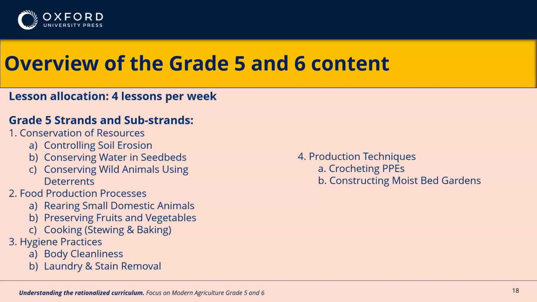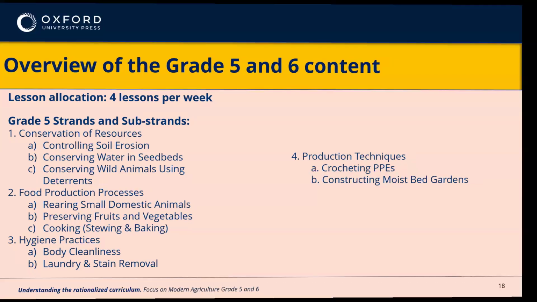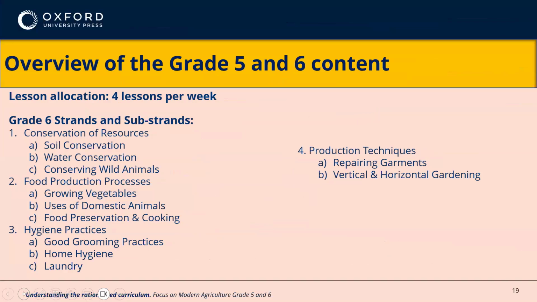When you go to the grade 6 book, maybe Susan, you can move to the next slide. Yes, they have also done the same. The topics are the same, conservation of resources. In this case, we deal with soil conservation, water conservation, and conserving wild animals. That means living in harmony with them.